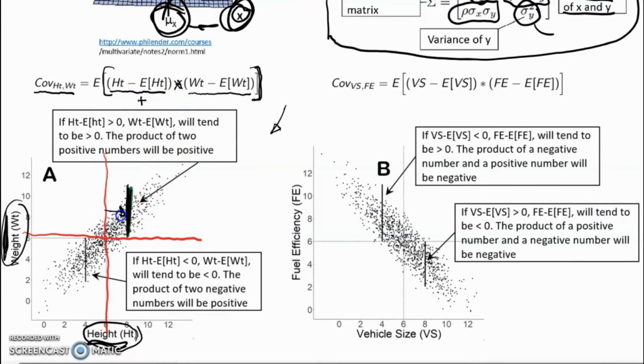See that? And in terms of their weight, the deviation between weight and their expected value is also going to be positive. So they're on this side of the line. That's positive. You multiply two positive numbers together, and you get a positive number.